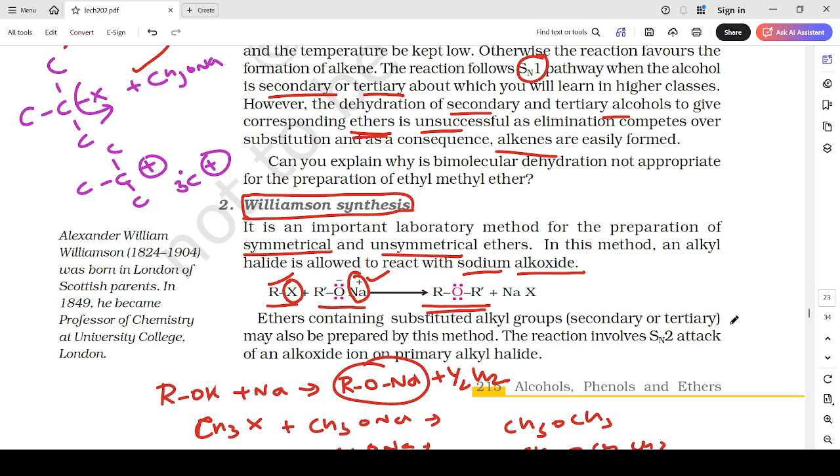Very stable, na? So here what would happen? One of the hydrogens from here would move out so that you form an alkene. Please make a note. Williamson synthesis can use primary alkyl halide. But if you are using tertiary alkyl halide, it will lead to formation of alkene. If I use secondary alkyl halide, there is a possibility of forming both ether as well as alkene.